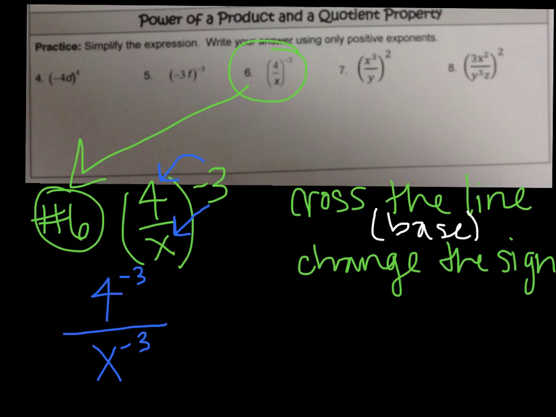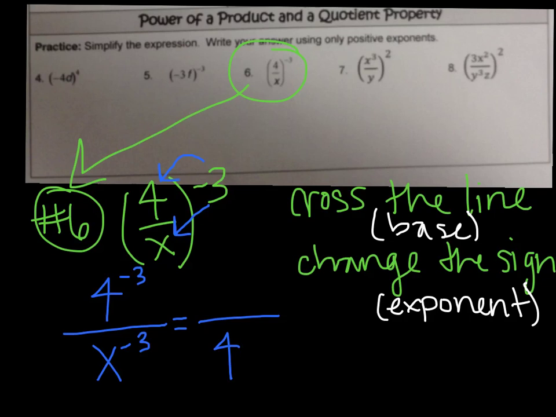What changes is the sign of the exponent. So draw your line. If 4 has a negative exponent, we take the base 4 and cross the line. Since we cross the line, we change the sign of our exponent, so our exponent goes from a negative 3 to a positive 3.